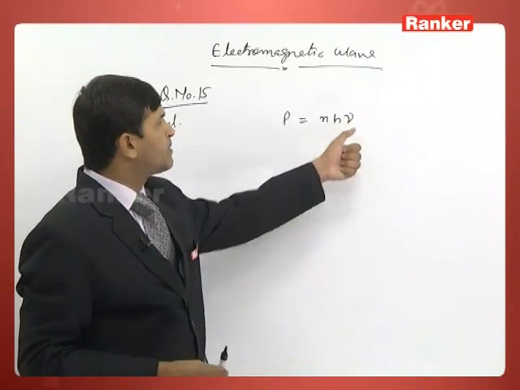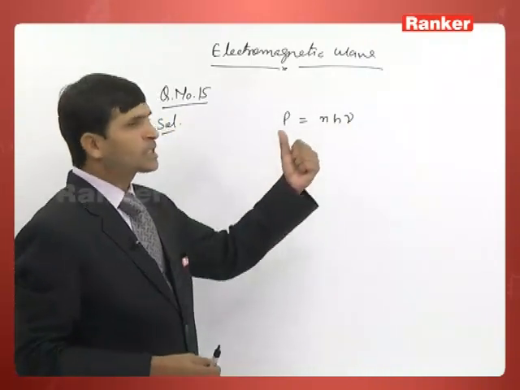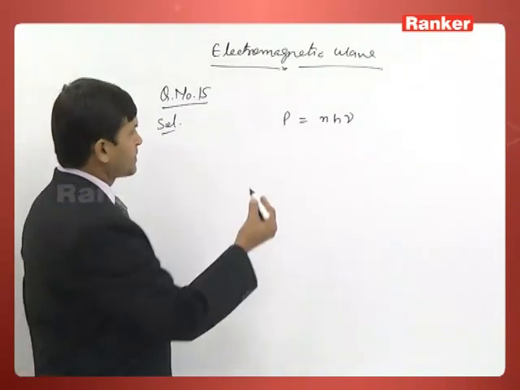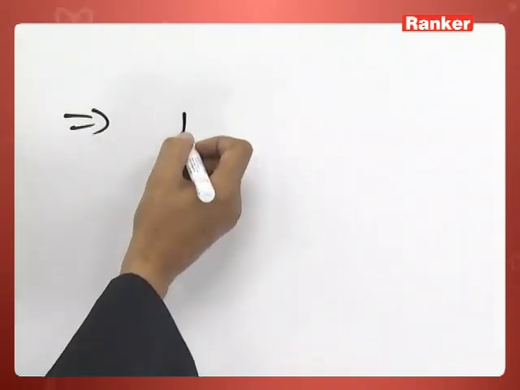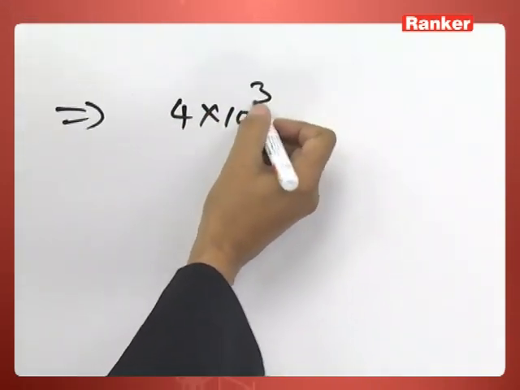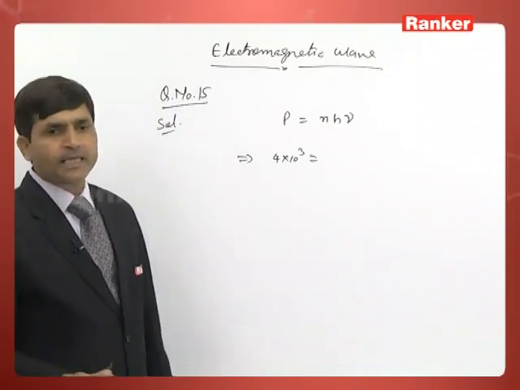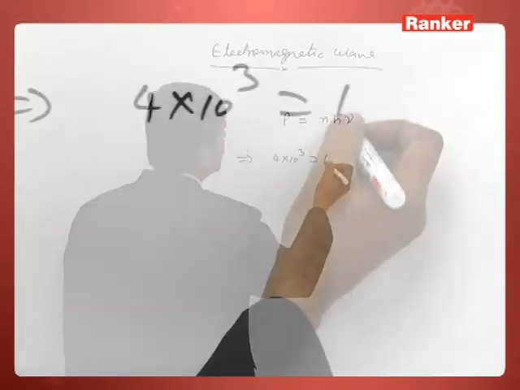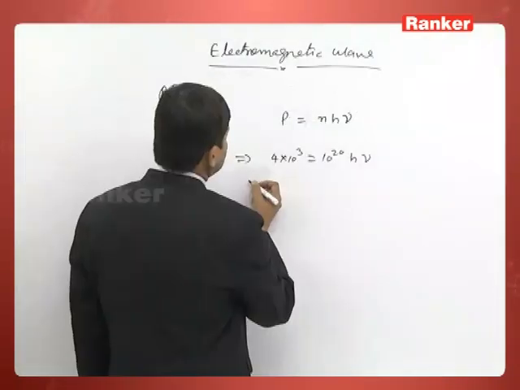So we will find the value of nu. From that we can get which type of radiation this is. The power is given here 4 kilowatt, so 4 into 10 to the power 3, and the number of photons emitted per second is 10 to the power 20, times h nu.